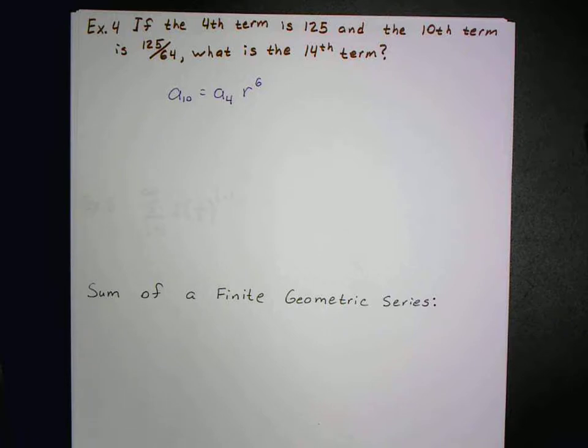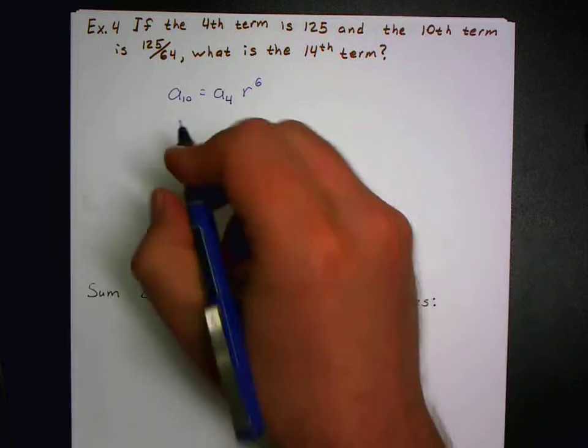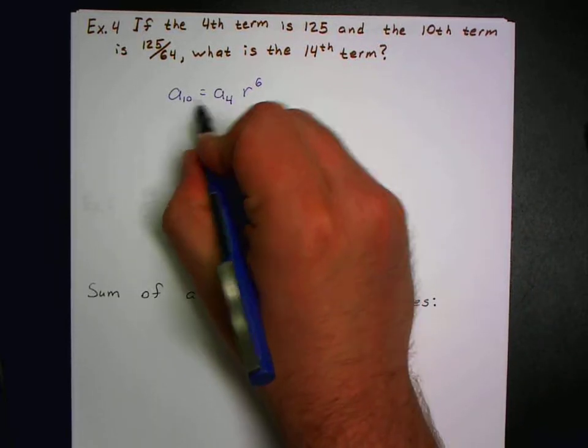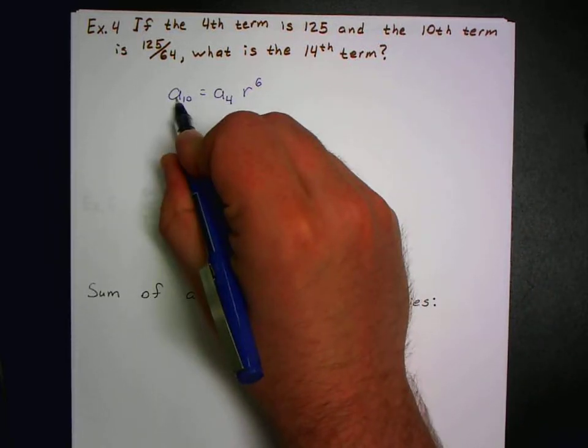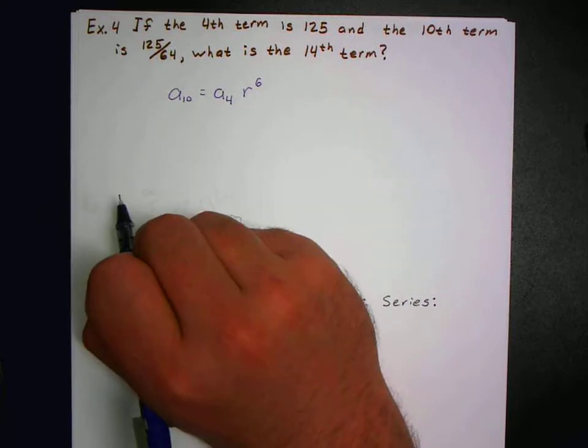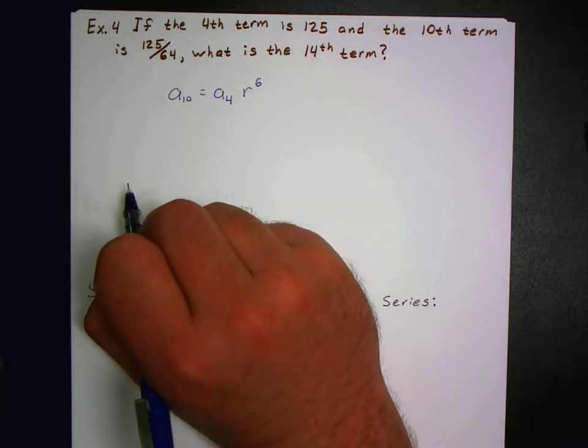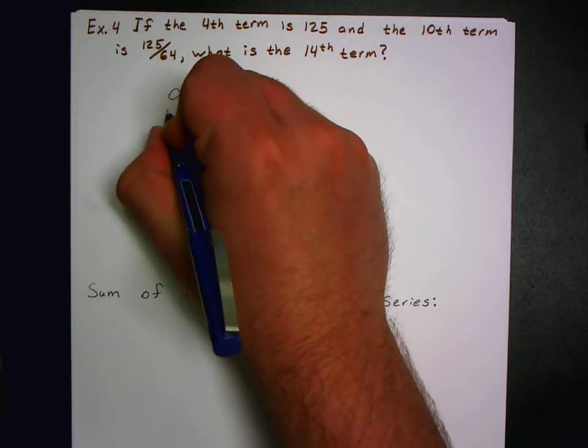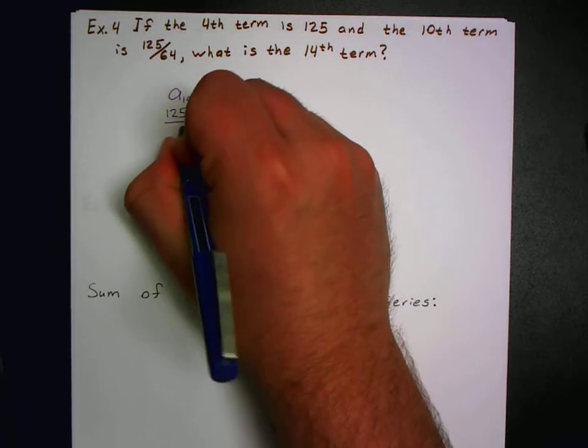Every time I multiply by that number, it would raise exponentially. So now what I need to do is figure this out. Since I know the 10th and the 4th term, I can figure out that ratio. So the 10th term is 125 over 64.